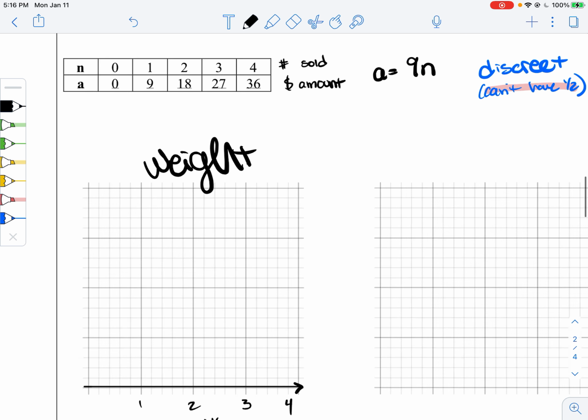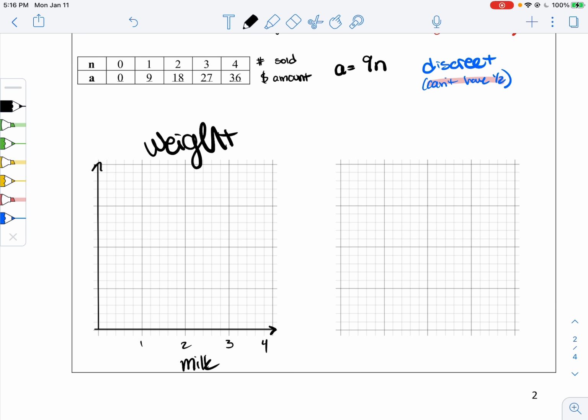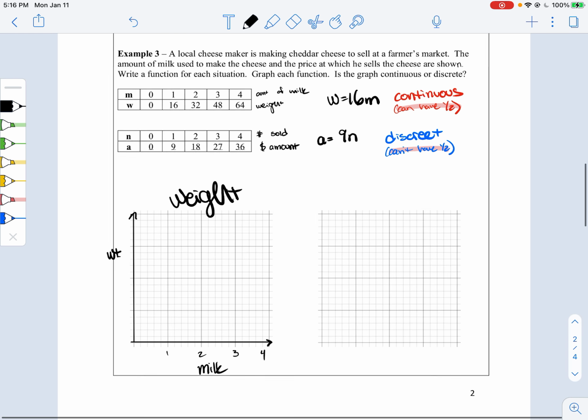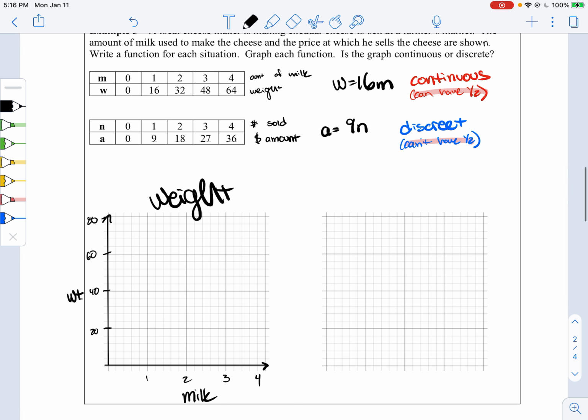Seriously. They just want to connect. Okay, anyway. That stands for weight. Let's see, we go up to 64. That's inconvenient. What if I made this 80? So if this is 80, 60, 40, 20. Nice. Okay.